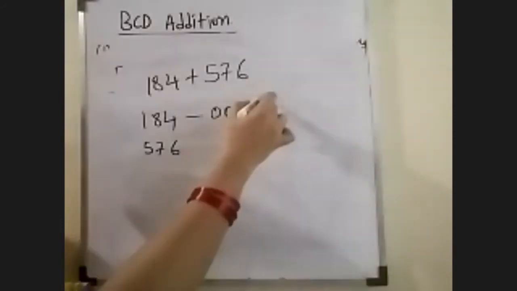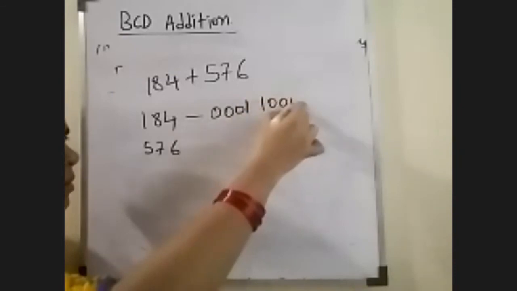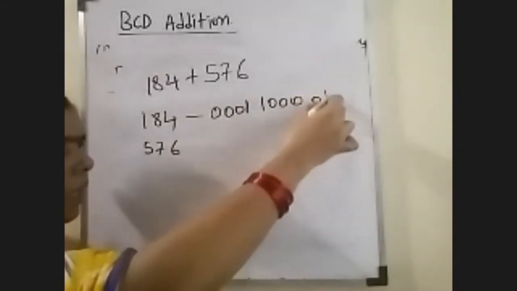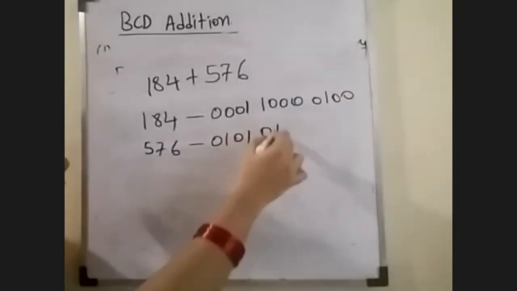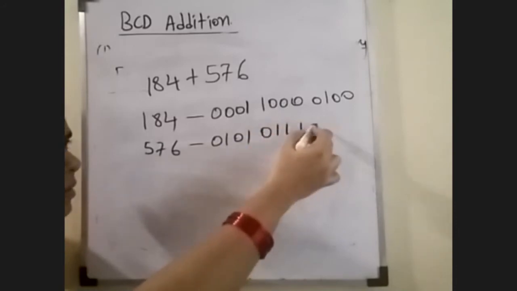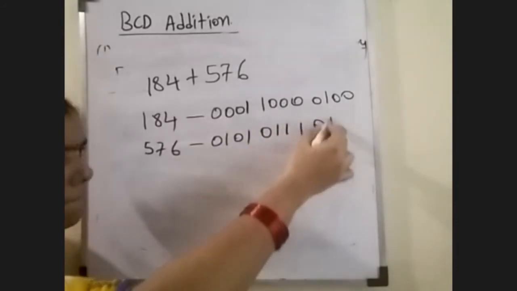0001, 1000, 0100. Yes. Next, the 576 value: 0101, 0111, 0110.